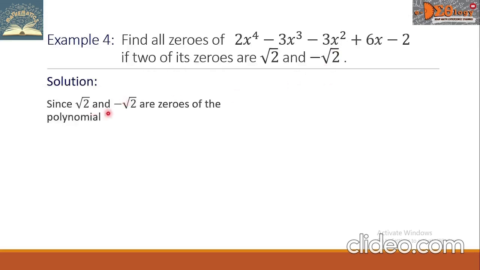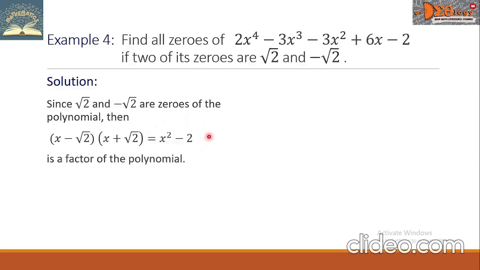Since square root of 2 and negative square root of 2 are zeros of the polynomial, then we can write (x - √2)(x + √2). When we multiply this, we will get x^2 - 2. This binomial here is a factor of the given polynomial.